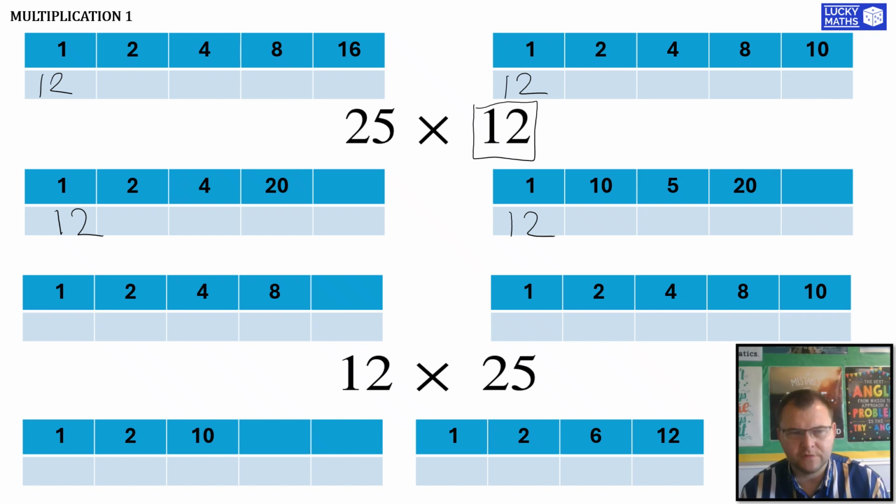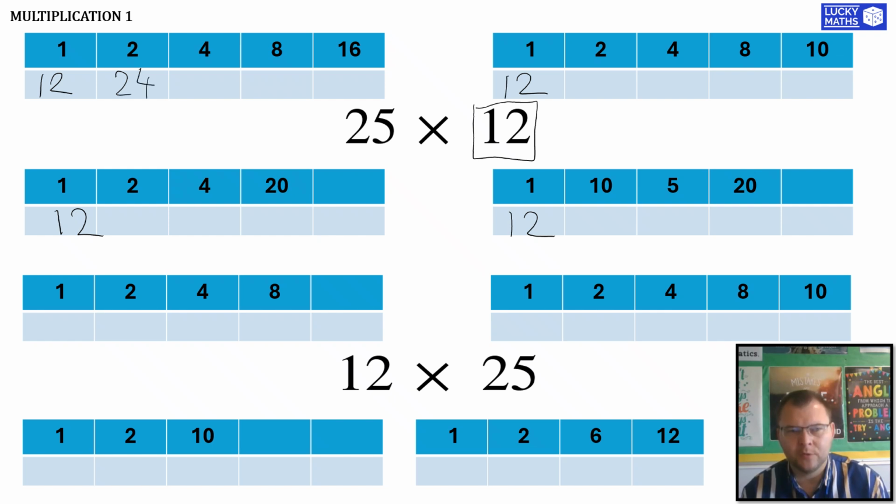If you've seen my intro video, I was talking about how doubling is such a crucial, important skill for this, and hopefully one of the easier calculations that most people can do. So 1 lot of 12 is 12, obviously, so 2 lots of 12 would be 24, because that's twice as many.